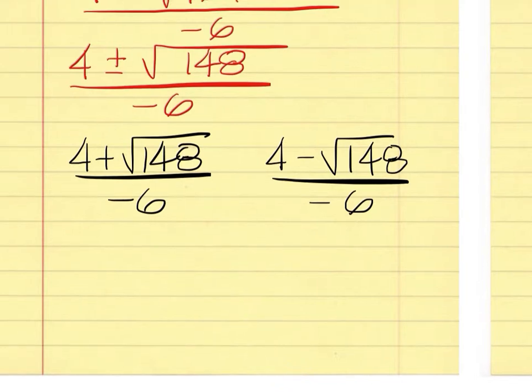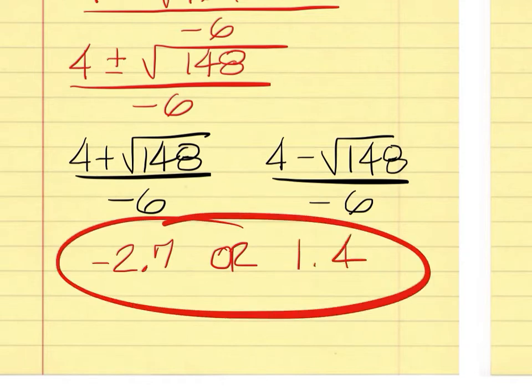The answer should be negative 2.7 when you round to the 10th place, because negative 2.69 would round up to negative 2.7. Okay, what would the answer be on the right-hand side when you work that out? That goes to Martin. It should be 1.4. You have to round to the 10th place.